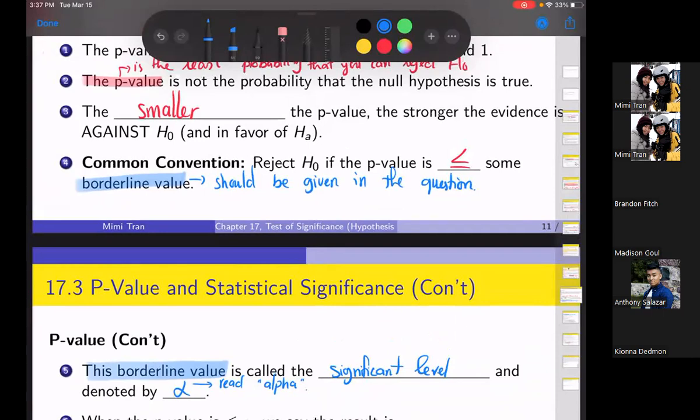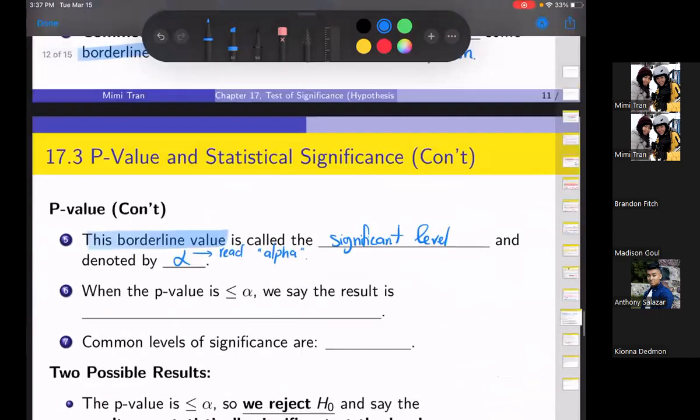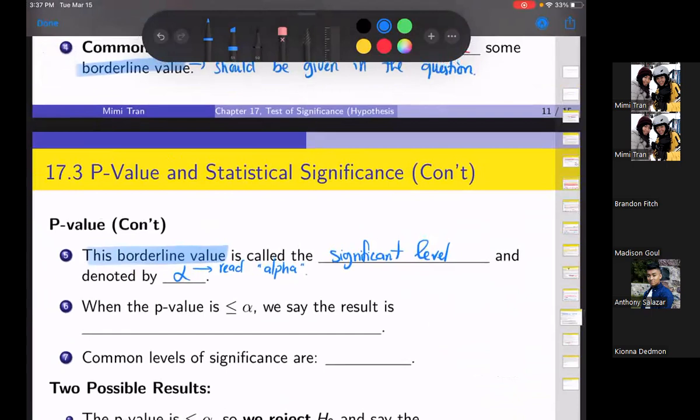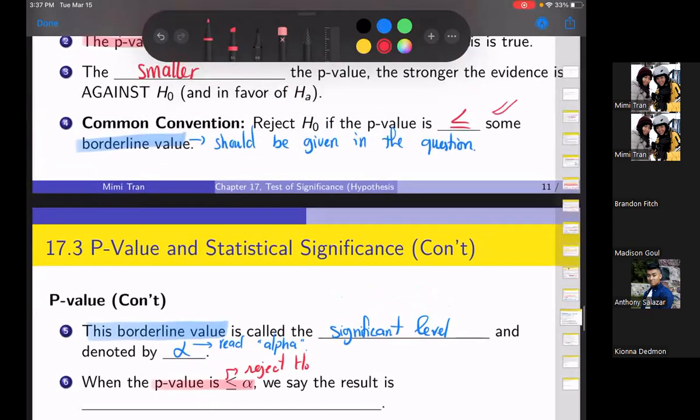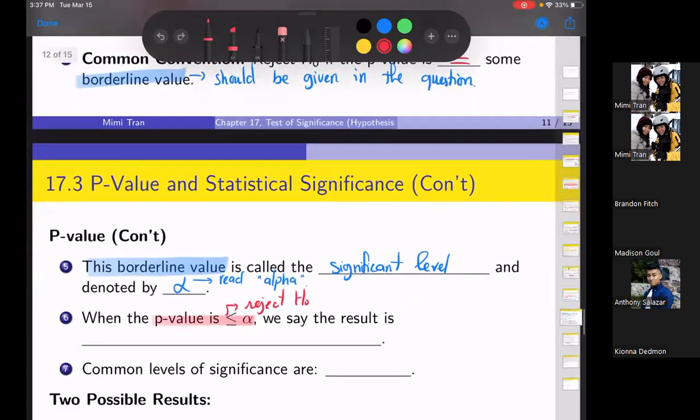So if the p-value is less than or equal to alpha, we say the result is significant. So this part right here, you reject H naught, that's what we said up here. Then we say the result is significant. It's exciting when you reject H naught. If you fail to reject H naught, it's nothing exciting.